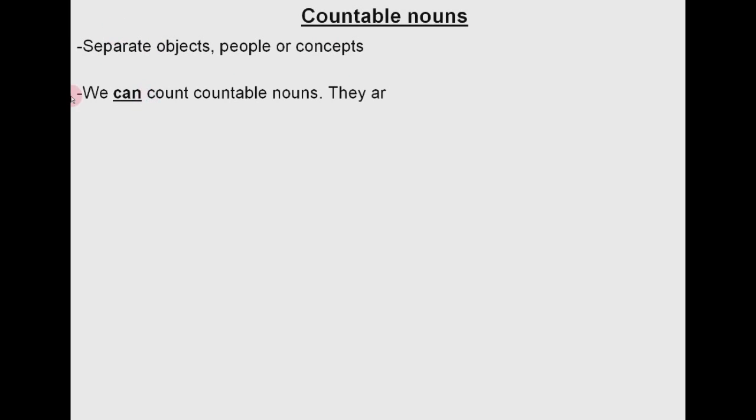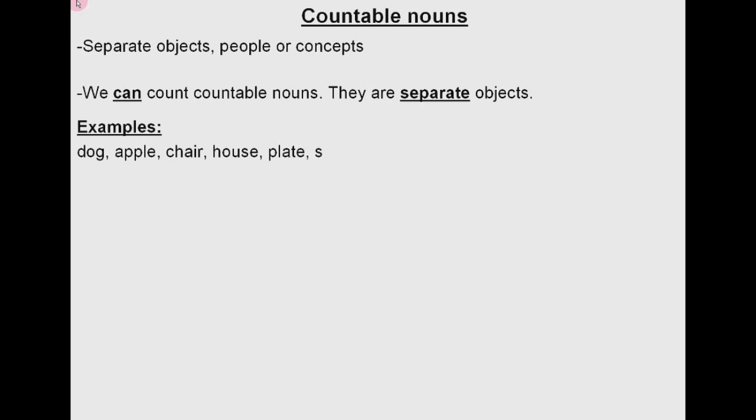And we can count countable nouns. That is the definition, because they are separate. 1 banana, 2 bananas. Some common examples of countable nouns: dog, apple, chair, house, plate, sandwich, television, and many more.